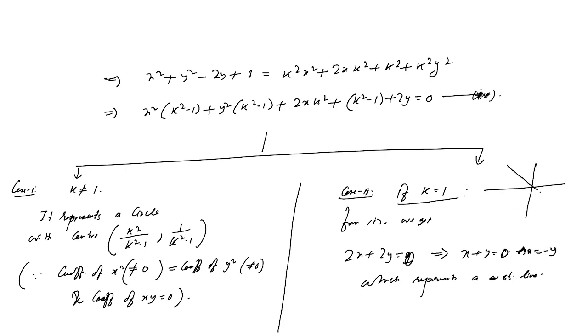So this is basically a straight line, x equals minus y. So that means we have proved two cases here. First, if k not equal to 1, the expression represents a circle, and if k equals 1, it represents a straight line.